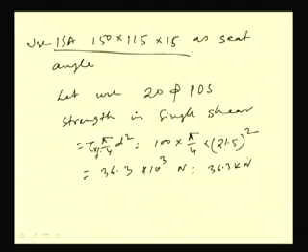So strength of rivet in single shear is 36.3 kilonewton. Again, in bearing we have to find out the strength of rivet in bearing, that will be sigma p into d into t.